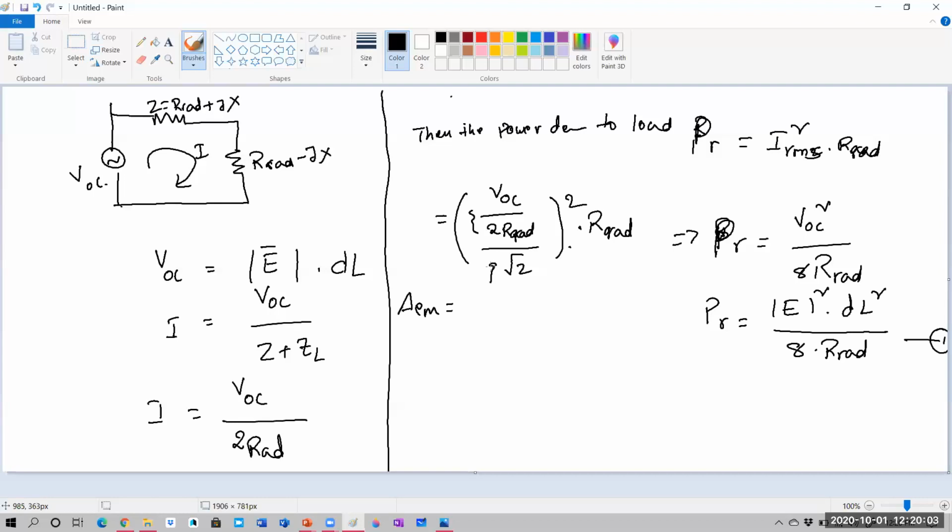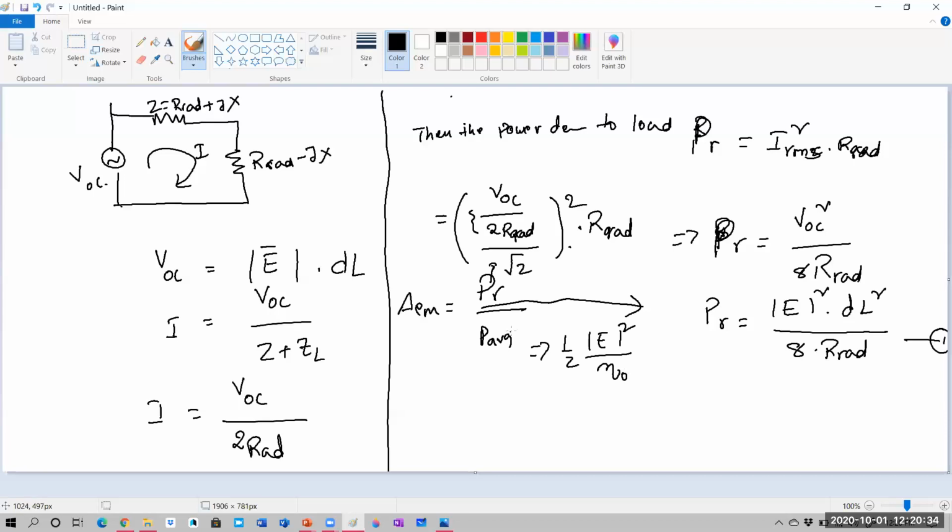P_average is equal to 1 by 2 epsilon E squared by eta naught.